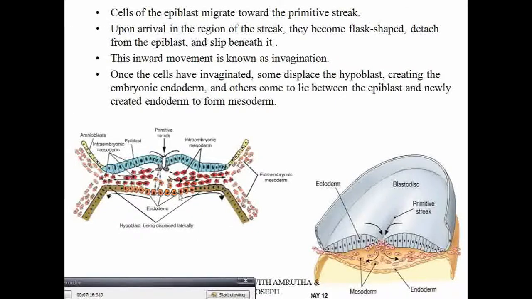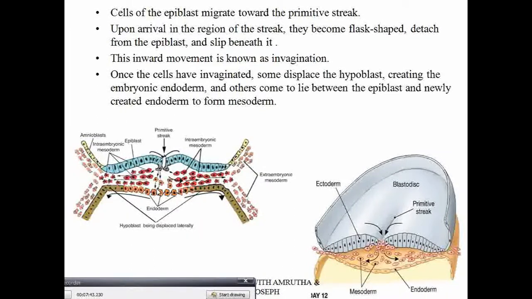Now from where is the endoderm coming? Endoderm is coming from the epiblast, and others come to lie between the epiblast and the newly created endoderm to form mesoderm. Some of the cells will remain in between the epiblast and the newly formed endoderm here. These layers are going to form the mesoderm.